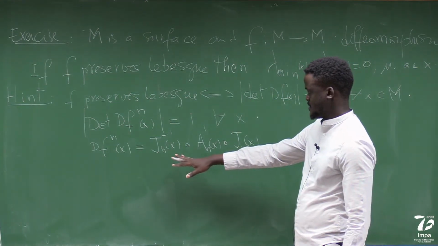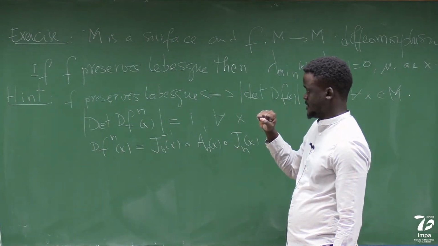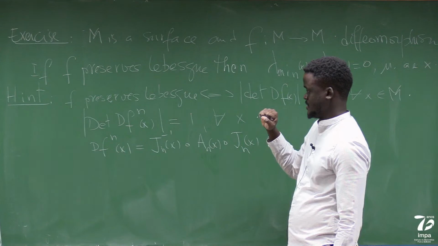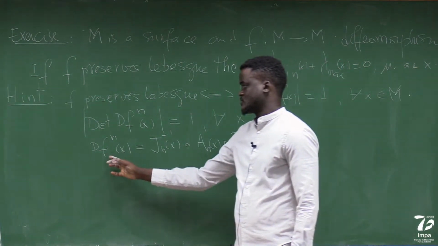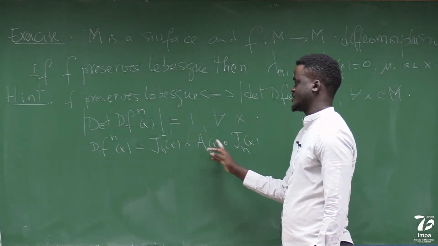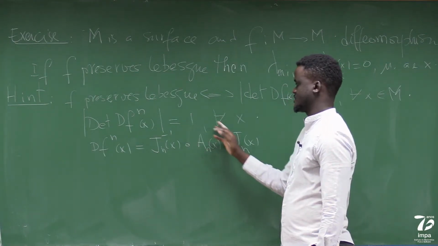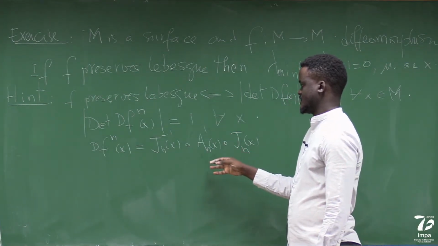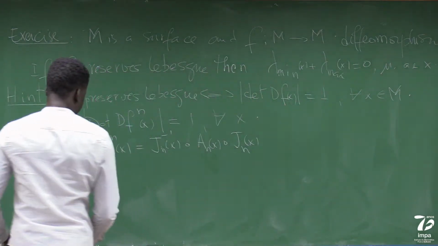And so you can see that the Lyapunov exponents of this cocycle, dF, are the same as the Lyapunov exponents of this other cocycle that you have, up to some technicalities.